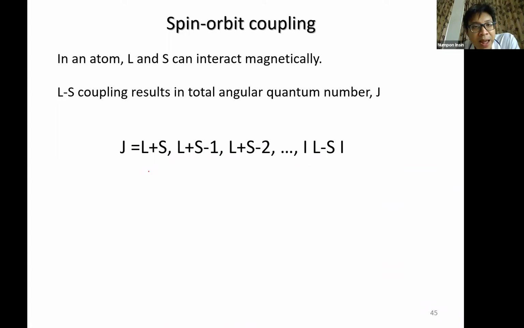Okay, so we now know how to get L and S. Now the next step is to get the J. The J value is the spin-orbit coupling.